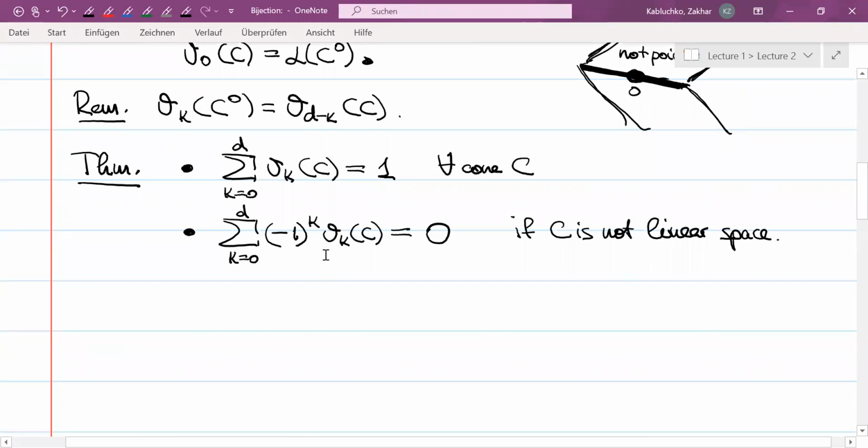Now, the theorem says that the alternating sum of the conic intrinsic volumes is 0 with the only exception of linear spaces. Just the idea of proof.